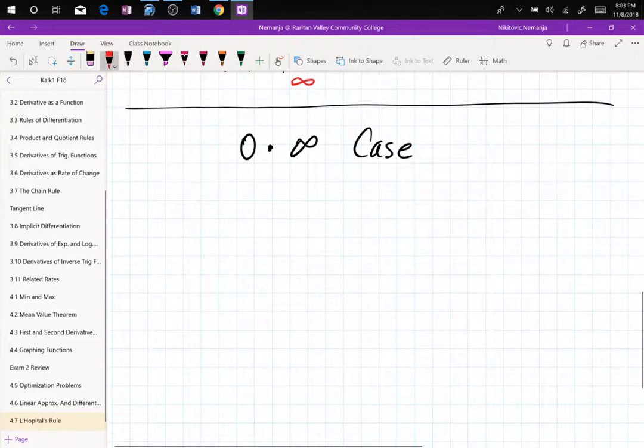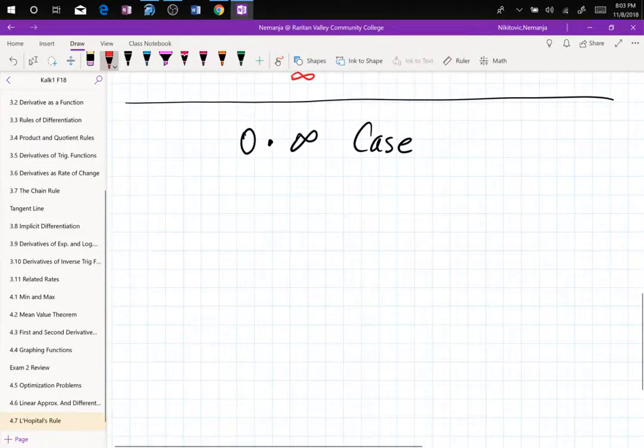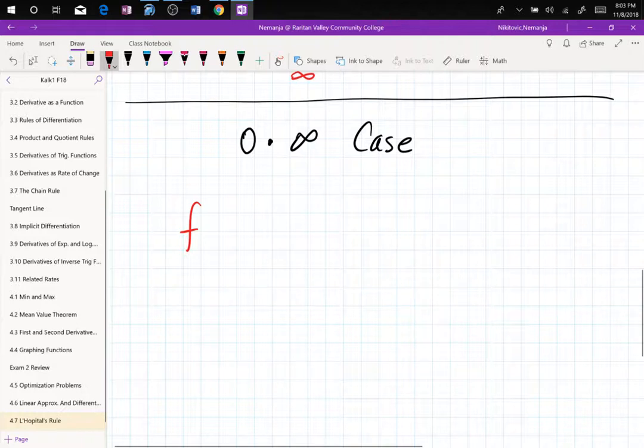So the coolest thing ever, over here, in my humble opinion, is that f of x can be written as 1 over 1 over f of x. This is just algebraic truth.